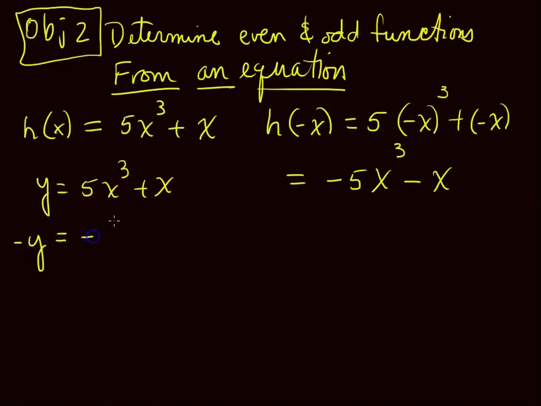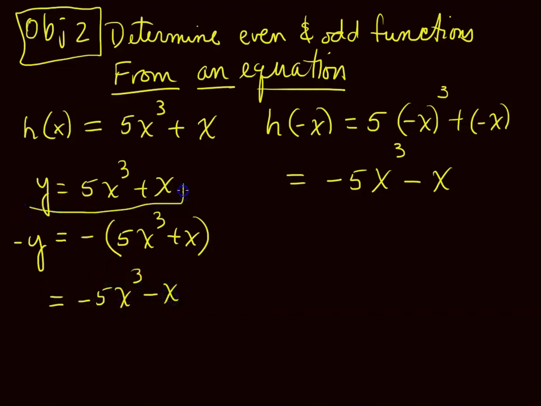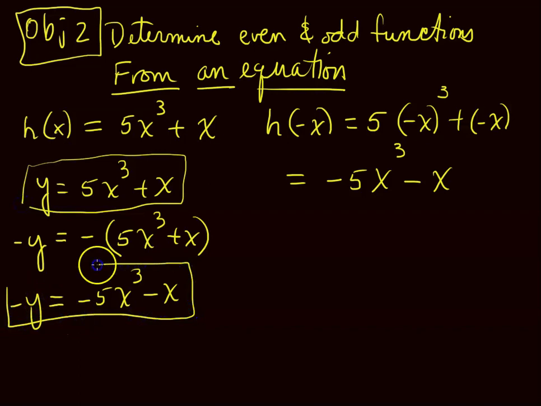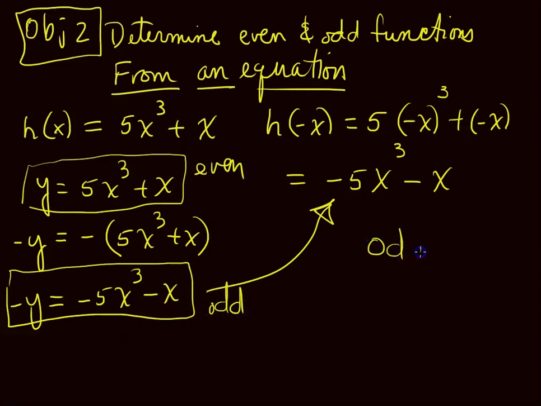Well, that's the opposite of this whole thing, 5x cubed plus x, which, if we distribute that negative, we'd get a negative 5x cubed minus x. So we're looking for either this situation or this situation. And this is what we've got. This would be even. This would be odd. So we have an odd function.